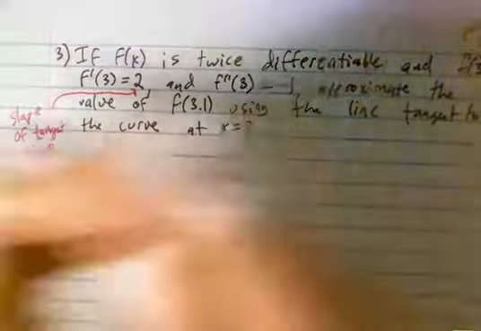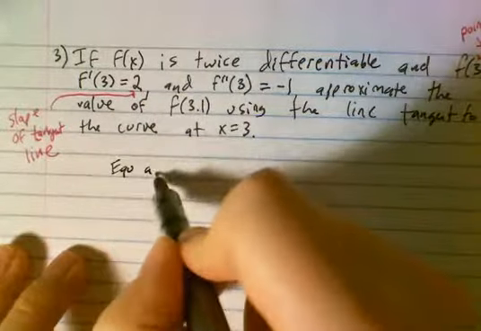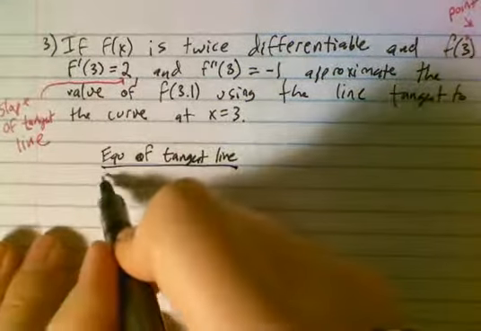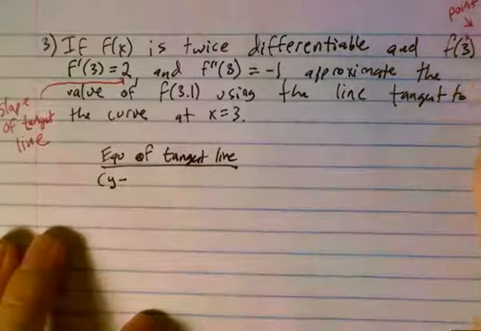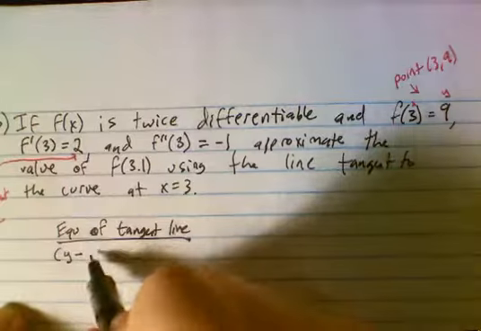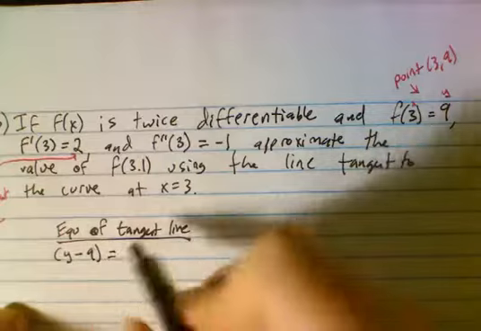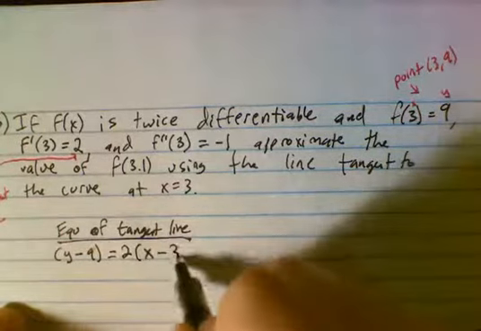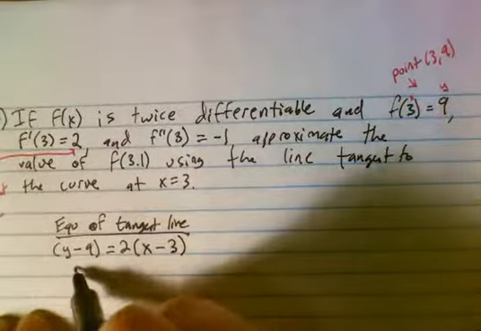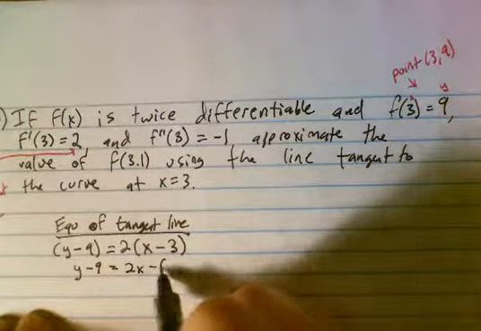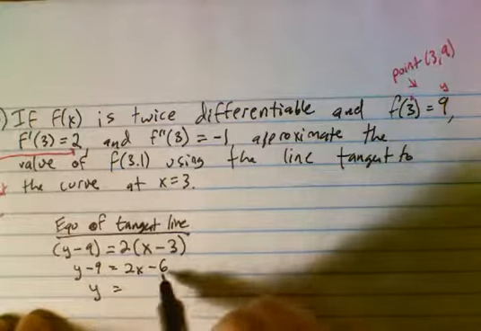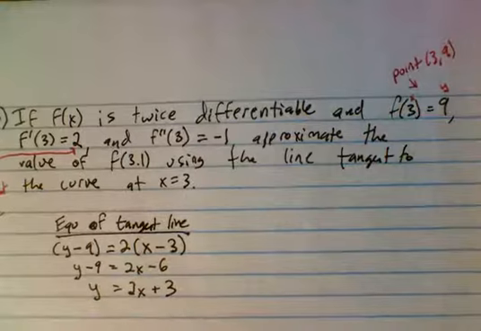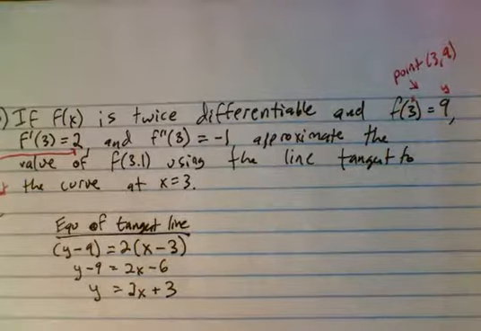So what we can do is we can do the equation of the tangent line. And what we're doing is we're doing y minus y1, which is 9, equals the slope, which we just said was 2, x minus x1, which is 3. So y minus 9 equals 2x minus 6, add 9 to both sides, -6 plus 9 is 3. Now remember, always look back at what the question is asking for.